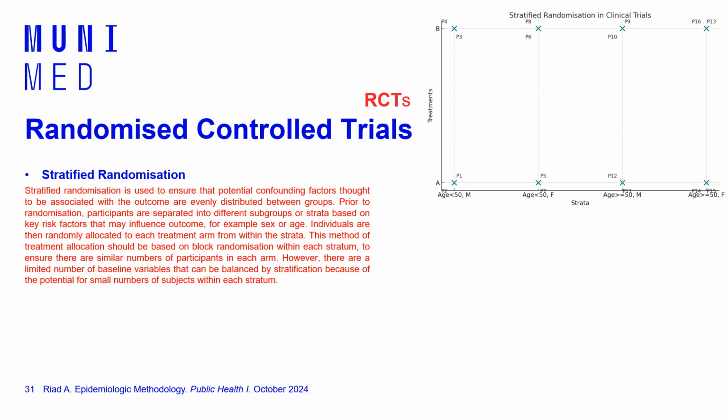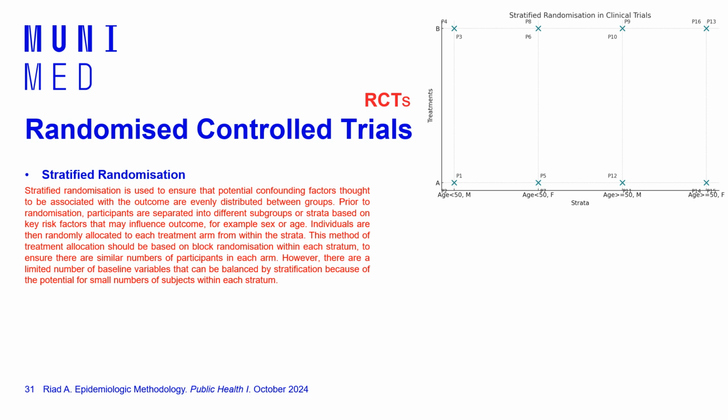The same goes for sex: the prevalence of females in the first group, treatment A, should be similar to the prevalence of females in treatment B. That's why we do, first of all, stratification. We learn the information about the participants from the database, and so we classify them as females versus males, for example.